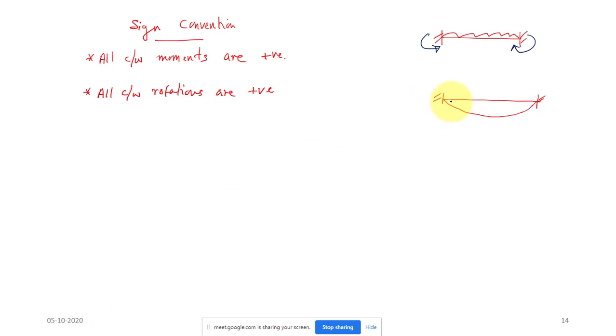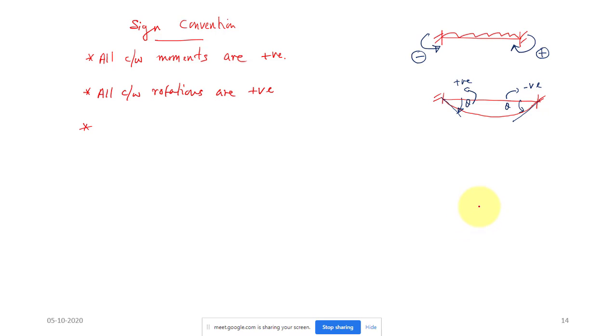At this point we have a clockwise slope, but at this joint or support we have an anti-clockwise slope. So this theta may be negative, anti-clockwise, and this theta may be positive. Similarly here also this moment will be negative, and this moment can be positive. All clockwise rotations you have to take positive, so all anti-clockwise rotations you have to take negative.